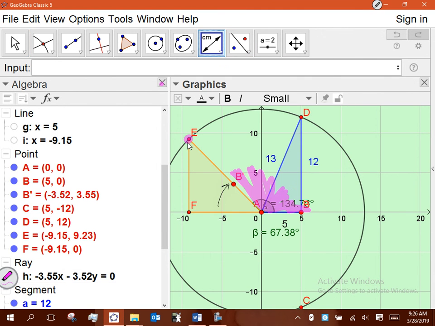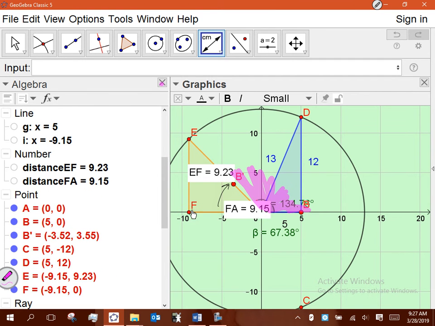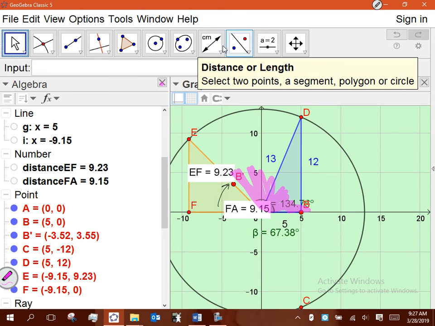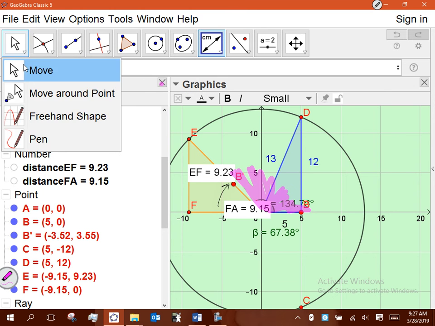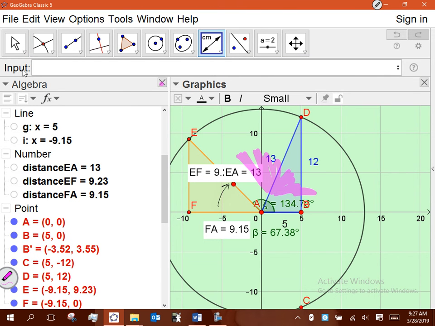If I find that distance there, and then that distance there, and now I'm going to have to move some stuff around here to get to the, there we go. This distance there, 13. Okay.